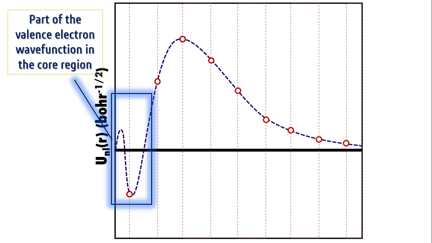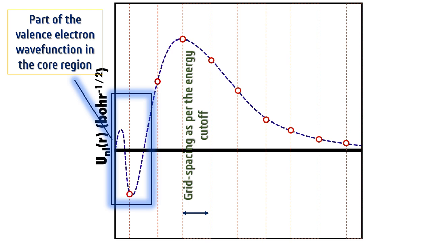Since the wave function of the valence electron itself is highly oscillatory near the core, the representation of these oscillations would be very poor using the grid that we have agreed upon, and thereby it will underestimate the accuracy and the numerical stability of the calculations.